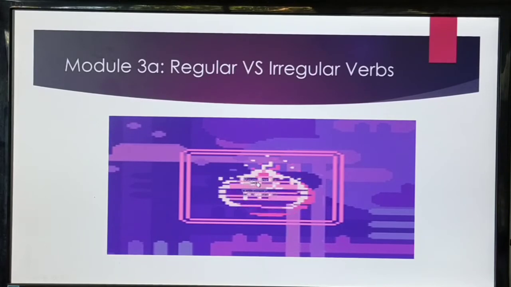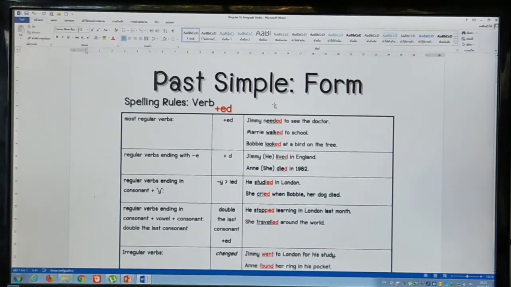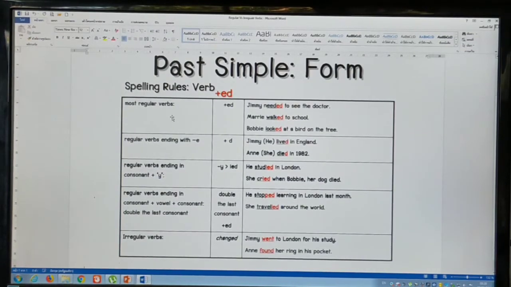Now, let's check the difference between regular and irregular verbs. These are the spelling rules for regular verbs, but for irregular verbs, the spelling changes all the time. That's why this one is a bit difficult or not easy.